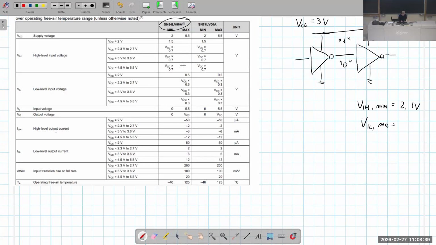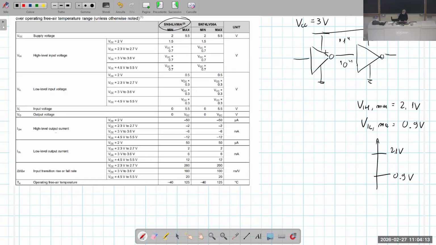At the low level, we have VIL maximum. VIL maximum at 3 volt VCC is 0.3 times VCC, so it's 0.9 volt. So it means that this digital input interprets as high level any voltage above 2.1 volt, while it interprets as a low logic level any voltage below 0.9 volts.